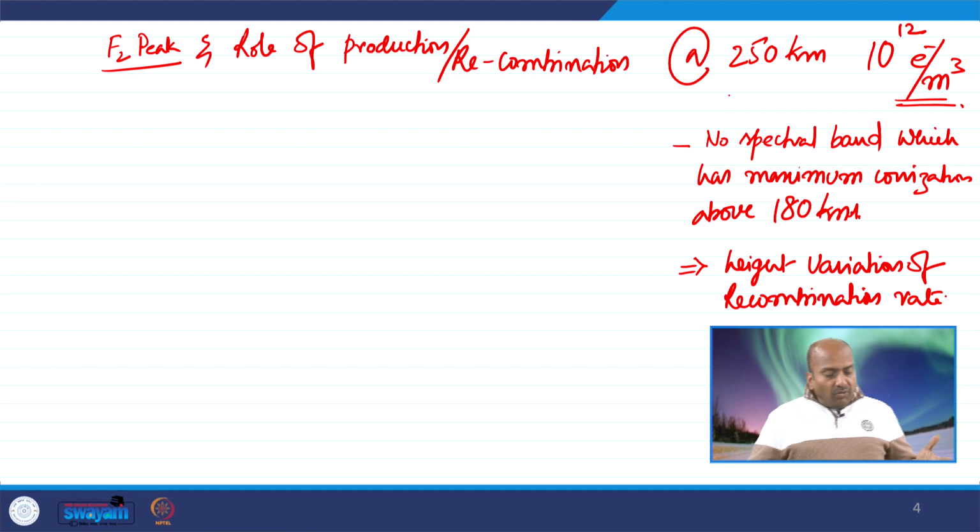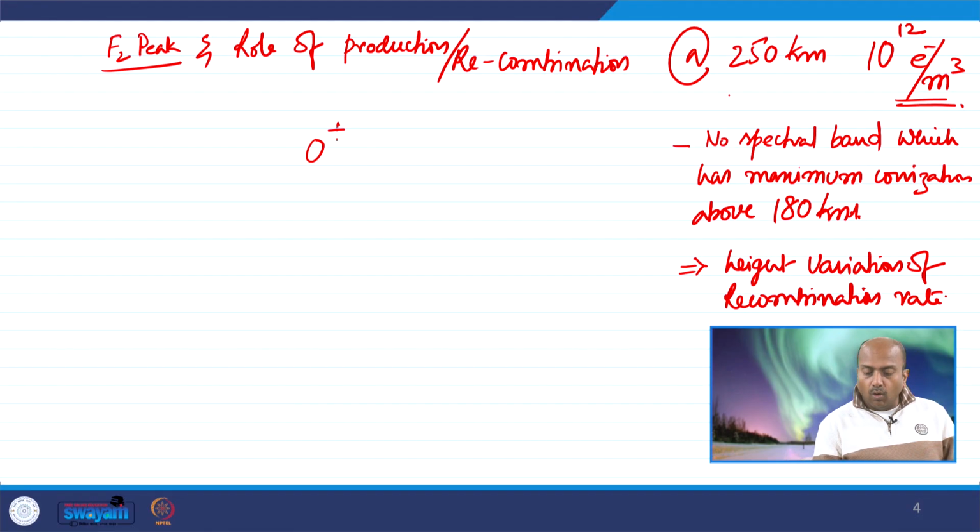Okay. So, the F2 region is basically an extension of the F1 region, although the production is decreasing with respect to height. Why? Primarily there is one reason: there are not enough number of takers. In these altitudes, the major ionic species is O plus.